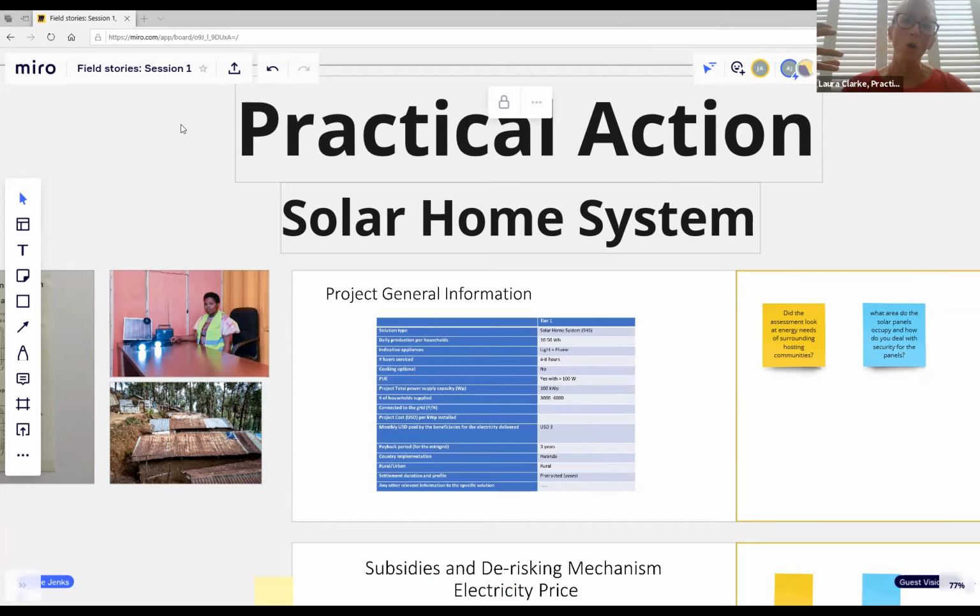Do people know what solar home systems do, how they can work, what benefits they can bring to their household? So that was another key component of the barrier, that general energy awareness and product awareness in particular of solar home systems.